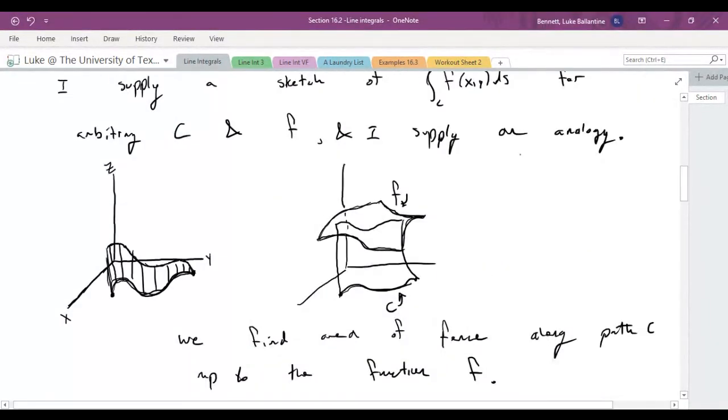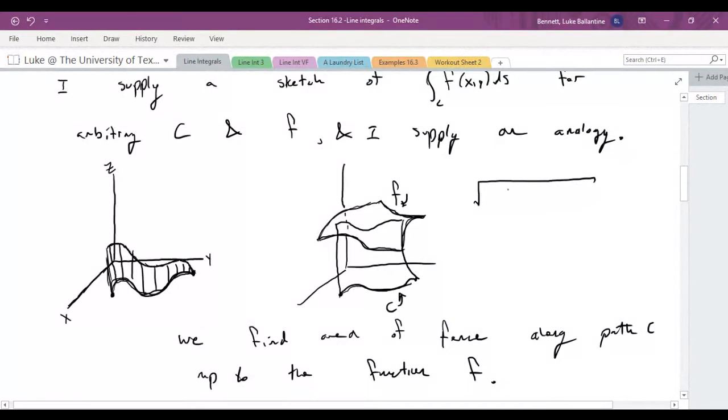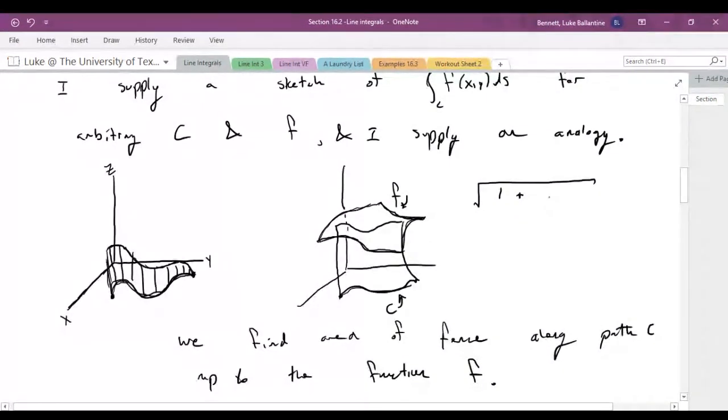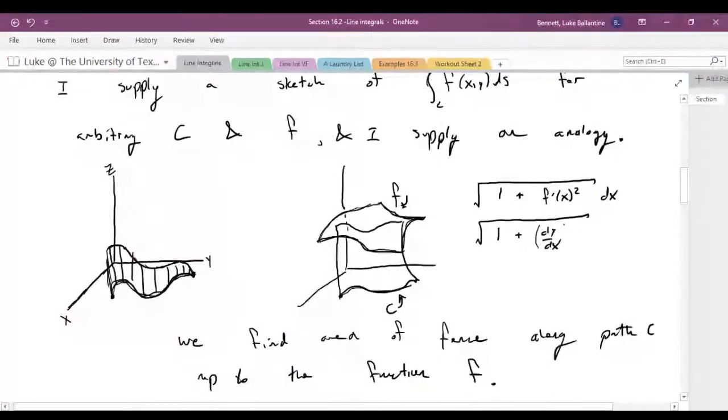And remember, you see ds commonly as the square root of 1 plus f prime of x squared dx, if this is a function of one variable. But remember that f prime is dy dx, so we have 1 plus dy dx squared times dx.